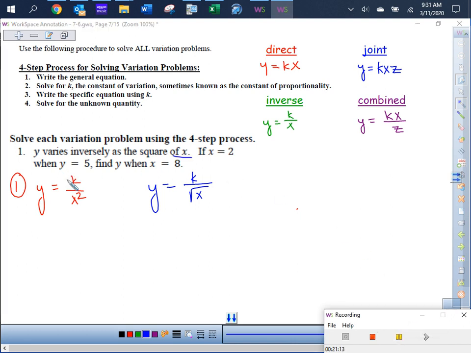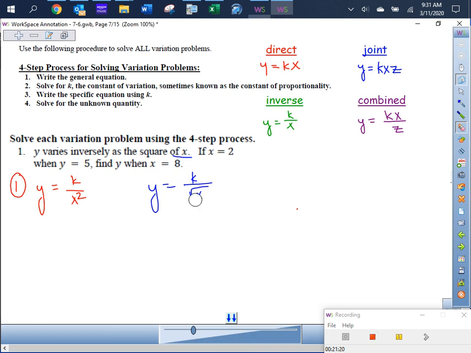So the correct answer was the red one because they wanted x to be squared. If they wanted it to be square rooted, they would have said. So now that we have the right equation, see if you can get the whole thing done. Please pause the video, do step 2, solve for k, step 3, rewrite, and step 4, answer the question.